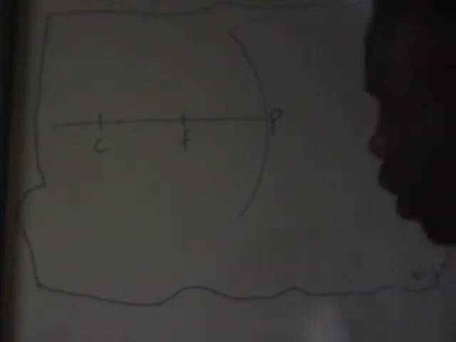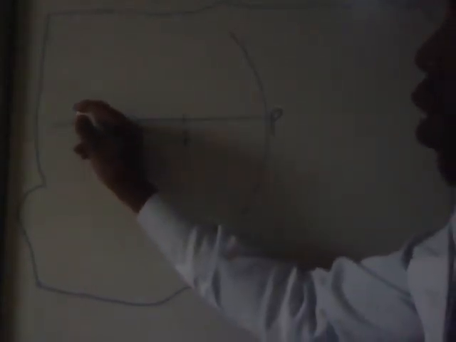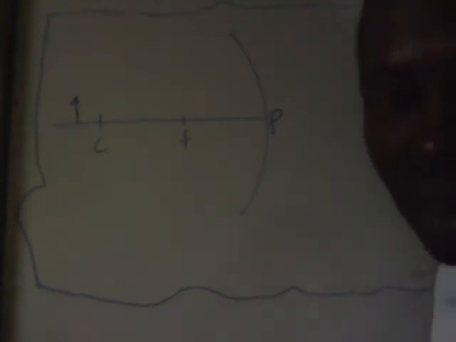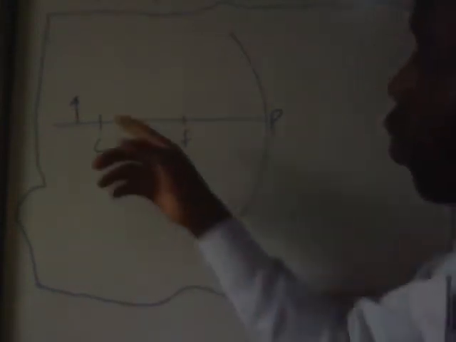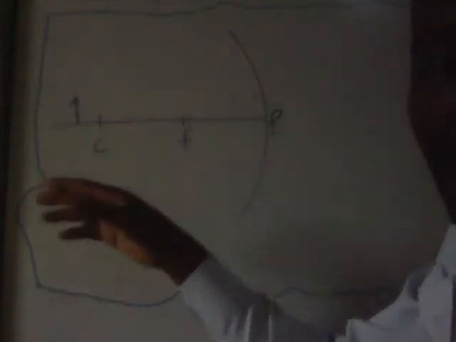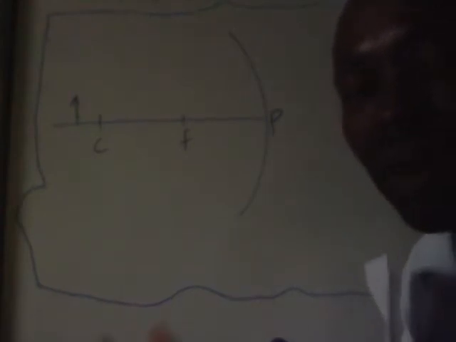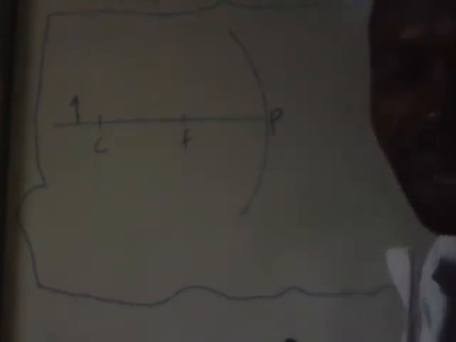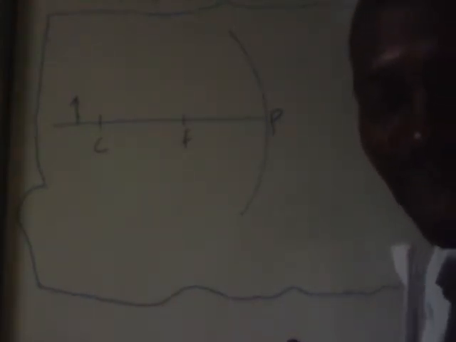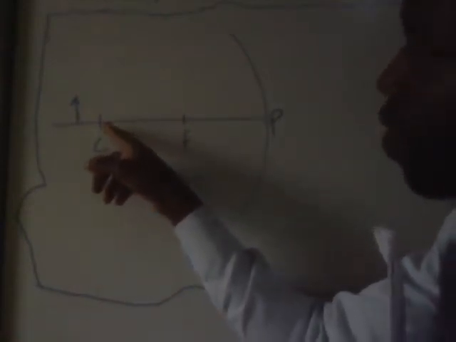Now, if the object is beyond C, at the back of C, the image will be real, inverted, and diminished. Real, inverted, smaller. When the object is at C, it will still be real and inverted, but the same size as the object.